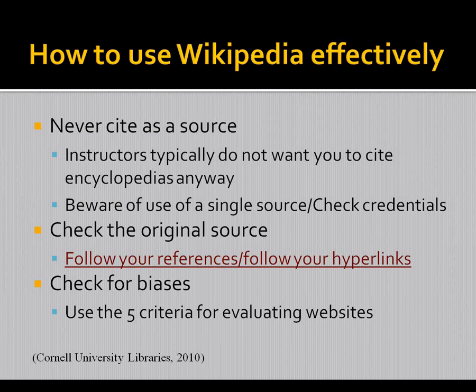Typically, that would be considered triangulation, where they're taking information from multiple sources and making sure those things coordinate into a valid document. All right, and so the best thing that you can do with a Wikipedia website is check the original source. So you follow the references, and that will take you to the hyperlink to that page.